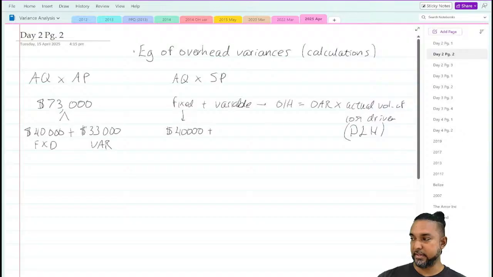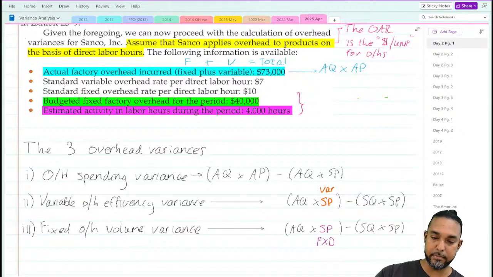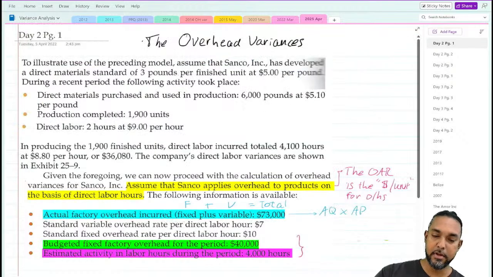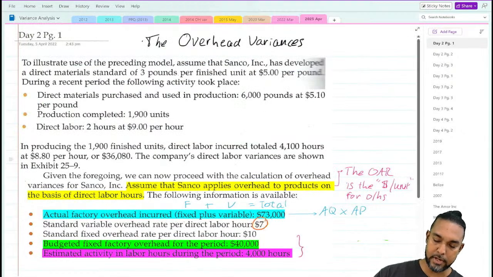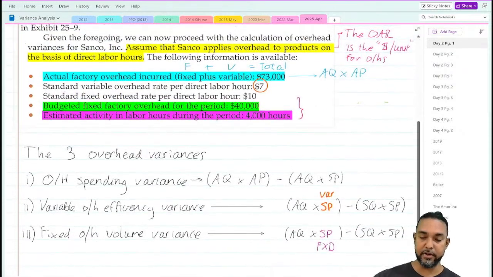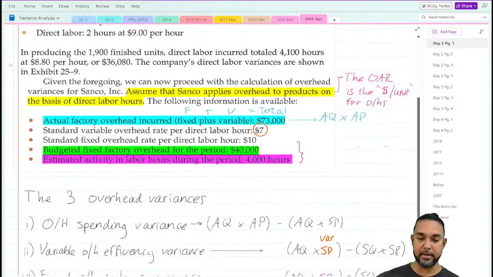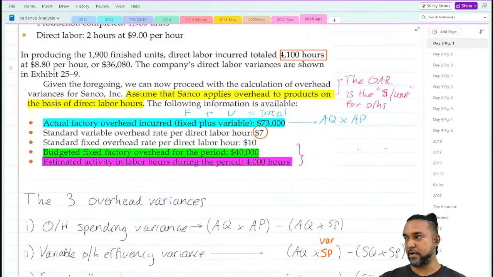Now, what they also gave us is the second bullet point, which I'll circle here. That is the standard variable overhead rate per direct labor hour. They also told us that they actually incurred 4,100 direct labor hours.